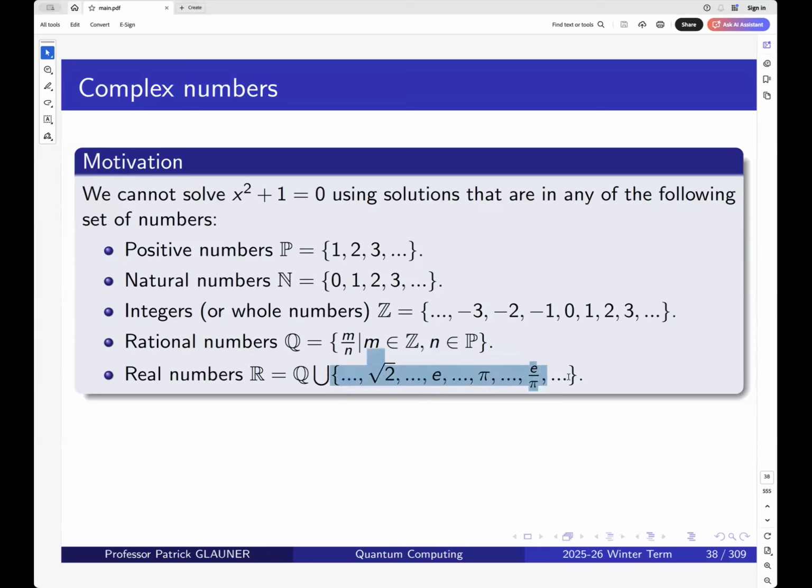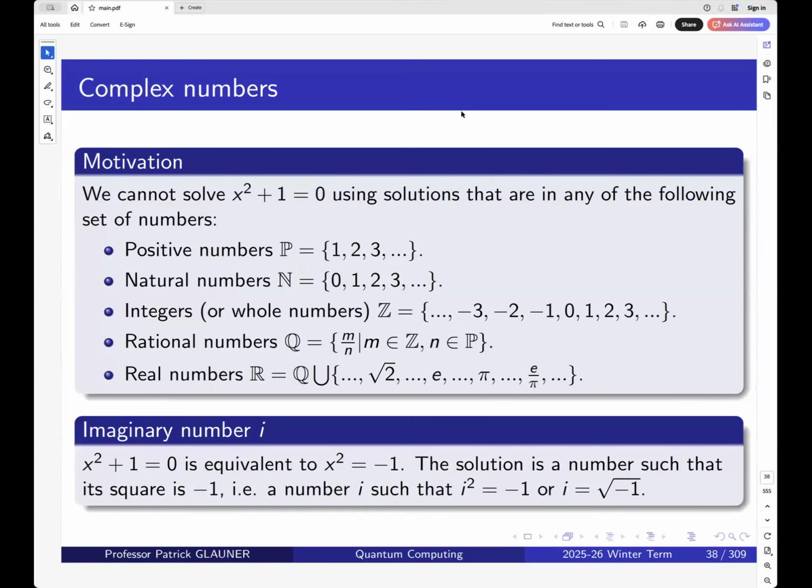So this is yet another set which extends our rational numbers. But even these real numbers don't help us to solve x squared plus 1 is 0. And for that, we need to introduce a new mechanism. We could also just rephrase this and say x squared plus 1 is 0 is equivalent to x squared is -1.